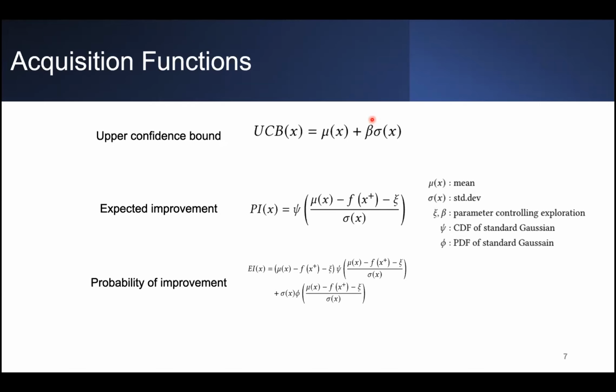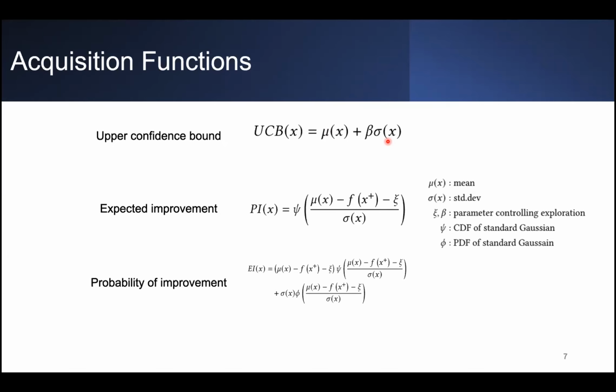The easiest way to understand this: if you set beta equal to 0, it will only exploit, which means it will always choose hyperparameter configurations that are predicted to decrease the loss. On the other hand, if you set beta to a very large value, it will sample hyperparameter configurations that reduce the uncertainty of the model.